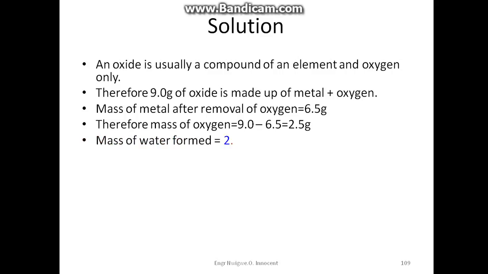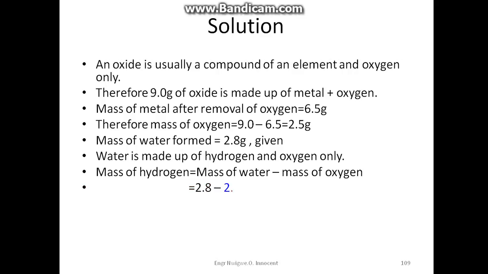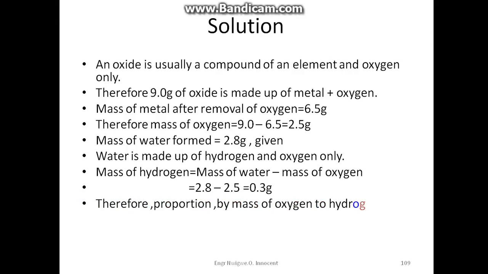Mass of water formed is equal to 2.8 grams, and water is made up of hydrogen and oxygen only. Mass of hydrogen is equal to mass of water minus mass of oxygen, which is 2.8 minus 2.5, which will give us 0.3 grams. Therefore, proportion by mass of oxygen to hydrogen is 2.5 to 0.3.